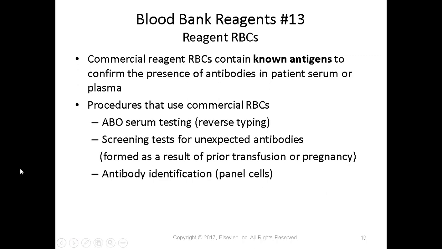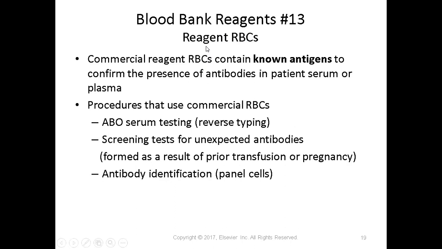Okay, so we're going to move away from antisera for now, and we're going to get into a little bit of detail about our reagent red blood cells. So just like we have known antibodies that come from a manufacturer, manufacturers can also have reagent red blood cells for us. And they're going to be used in the opposite way.